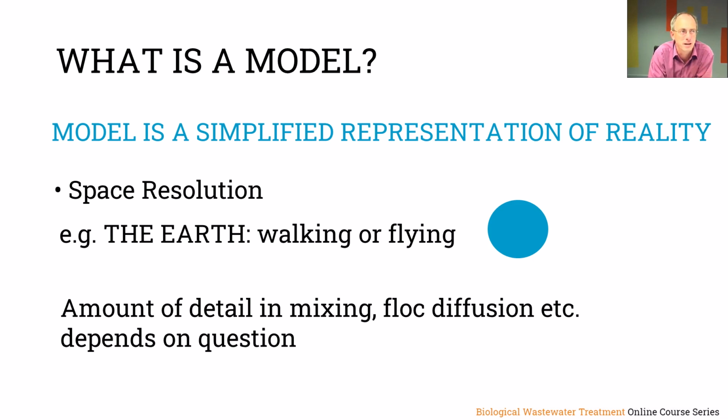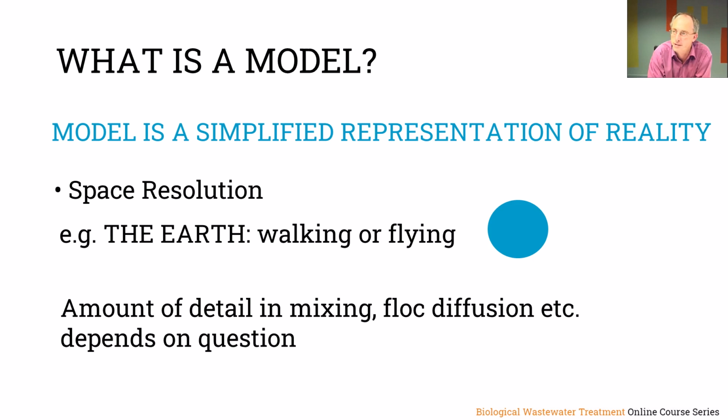Generally, within a wastewater treatment plant we're dealing with reactors, so we deal usually with the scale of several meters that we want to describe. We do not want to describe, for instance, a flock inside an activated sludge flock.